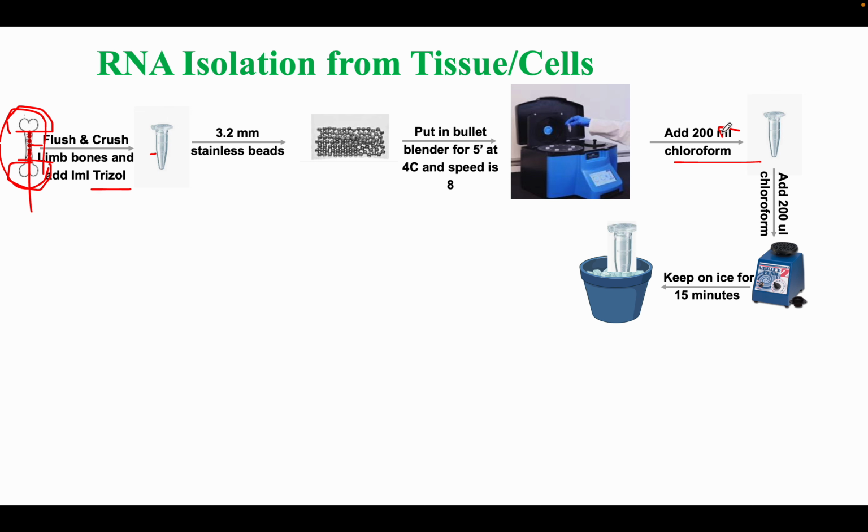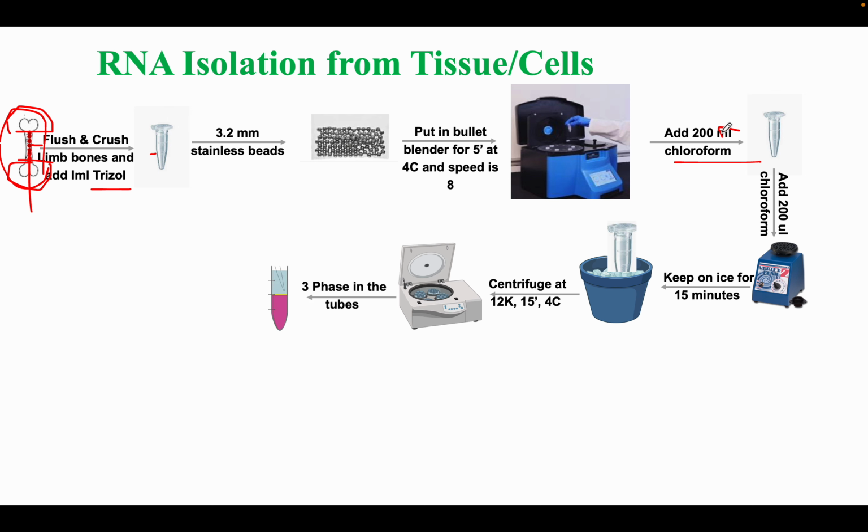That is why I will try to keep the temperature as low as possible. And then I will centrifuge this tube at 4 degrees centigrade and the speed will be 12,000 RPM for 15 minutes.